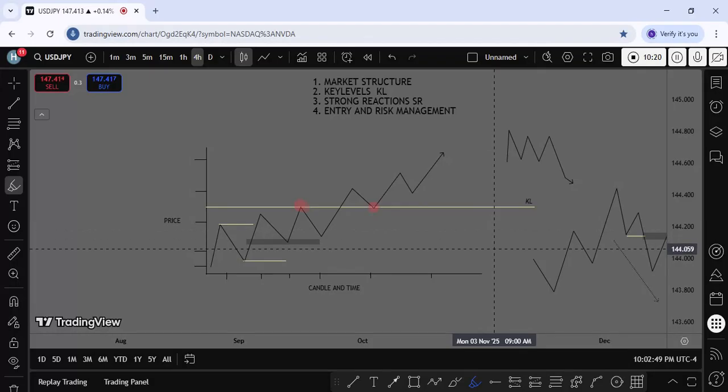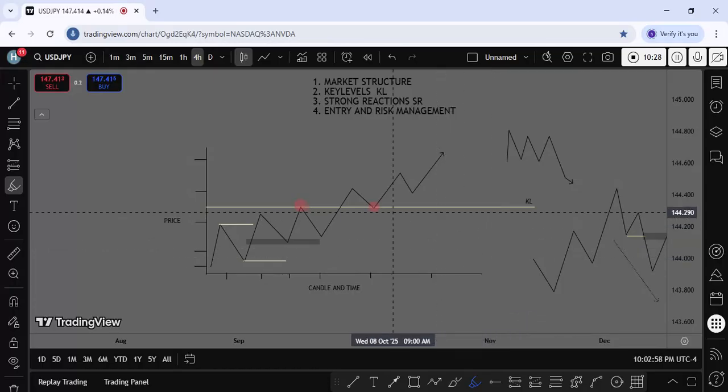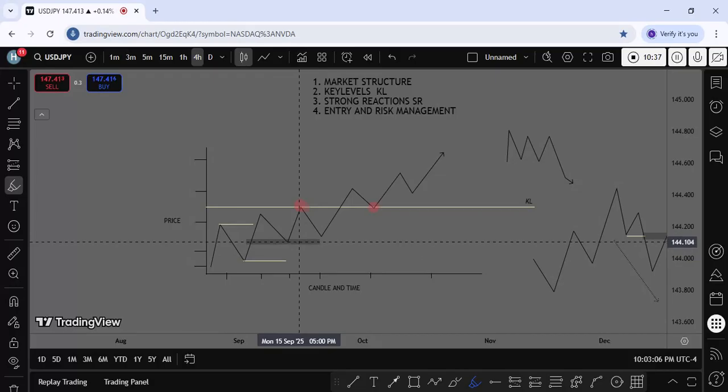So wait for confirmation at the key levels. A strong rejection can be, more especially this. On this illustration I've made a lot. This area that I have marked can be used as a strong rejection area, right?